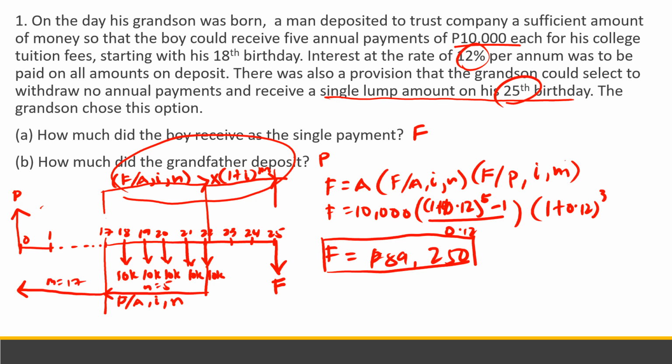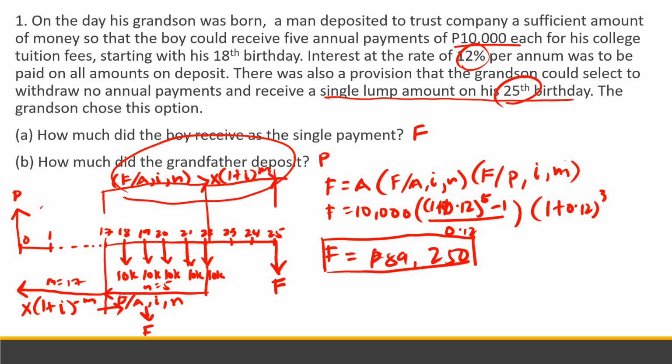So this is, mag-multiply tayo ulit ng 1 plus I to the power of negative M. So i-multiply natin dito sa future amount.